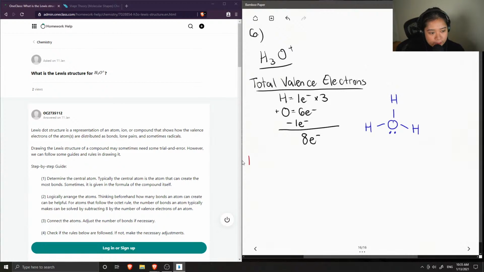So now from here, we can calculate the formal charge of all of our atoms. Formal charge is equal to the number of valence electrons minus the number of non-bonding electrons, so this is all of the lone pairs, minus the number of bonding electrons divided by 2.